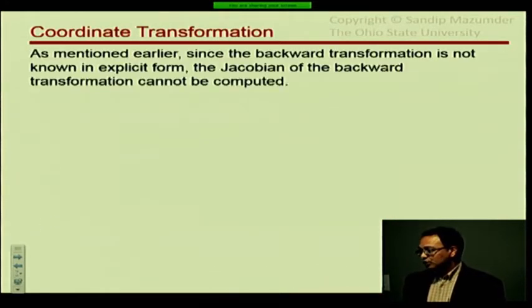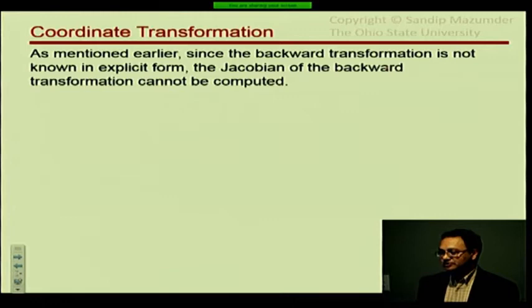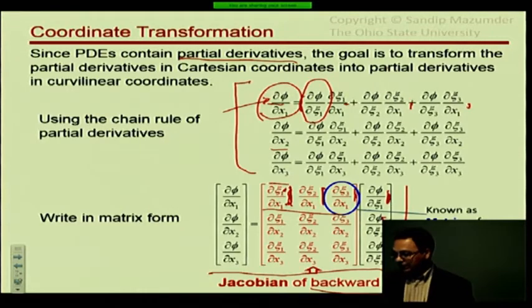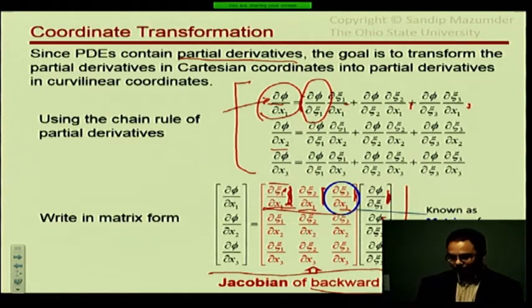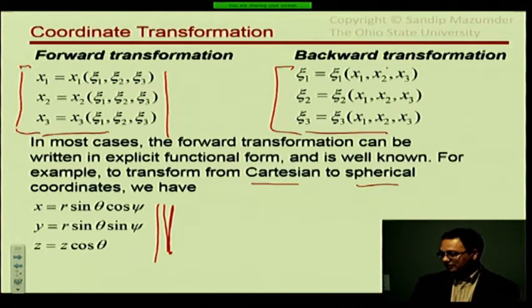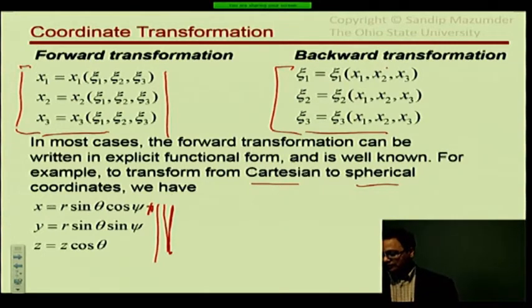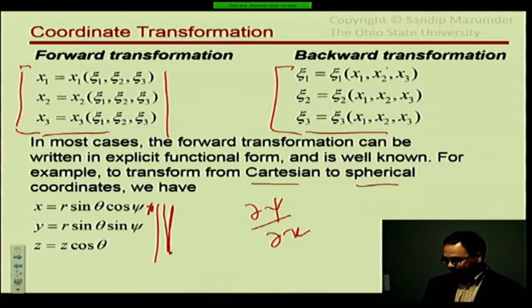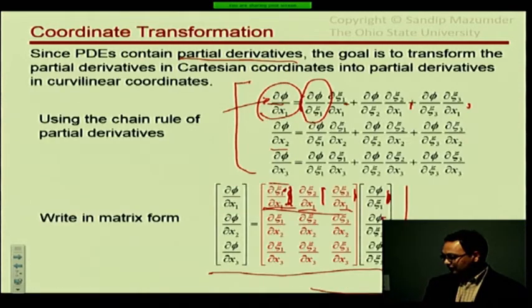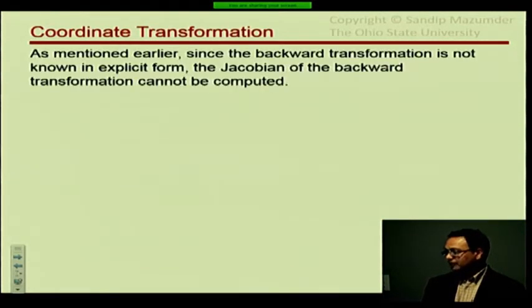So, as I said, the backward transformation cannot always be written in explicit form. Therefore, we cannot calculate these partial derivatives easily. For example, if I go back to this here, if I asked you to tell me what is d psi dx, that's very difficult to do. So we have to find a way to mitigate that problem.